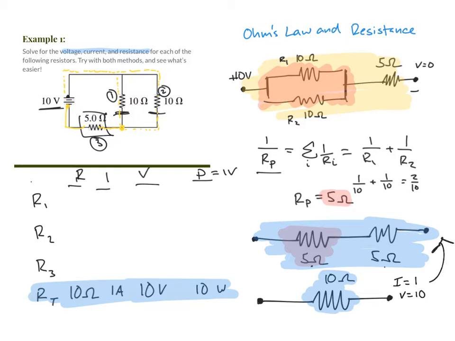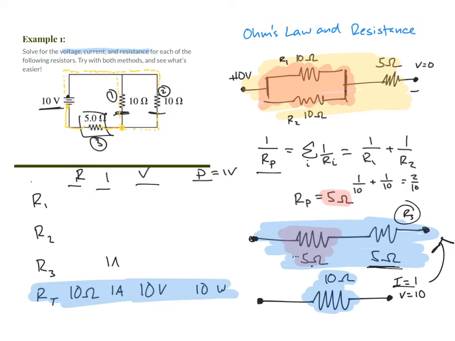Now, if we move up a level to this combined parallel part and resistor 3, we know that since they are in series, current stays the same. Current's the same all throughout this equivalent circuit that we have here. So in this 5 ohm resistor, which is resistor 3, that current has to be 1.